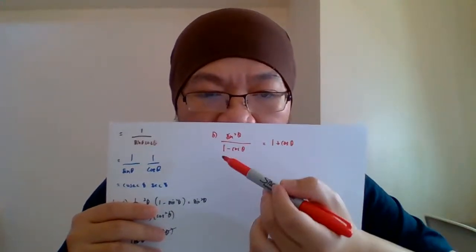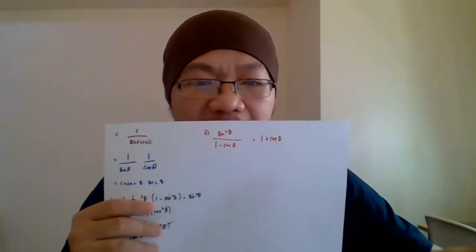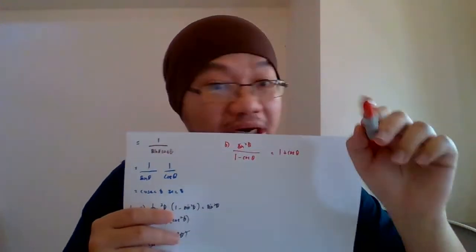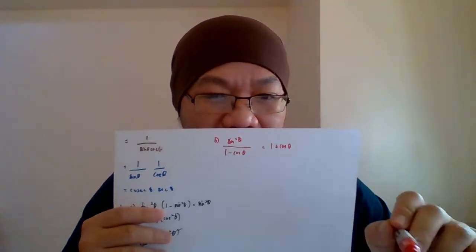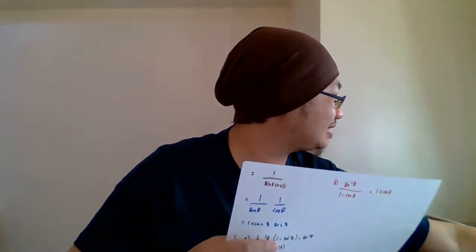So guys, 1 minus cos theta is the simplest. Cos theta is already the simplest, so no need to change. But if you look at the top, sine squared theta is not the simplest, it's a derived quantity. So you can change the sine squared theta by referring to your trigonometry identities. Okay, there are 6 identities, right?